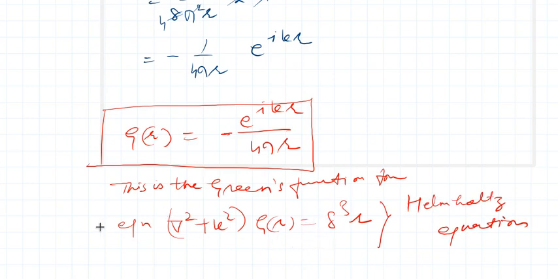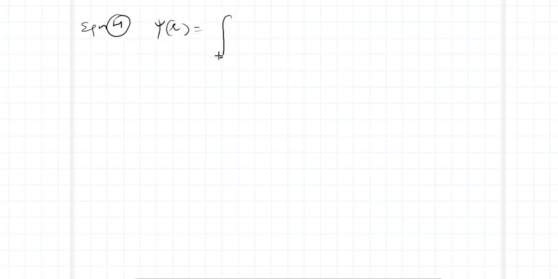So now using this value of the Green function in equation 4, and what is equation 4? Let me recall it. Our equation 4 is psi r is equal to psi naught r plus the integral of G(r minus r naught) Q(r naught) d cube r naught.